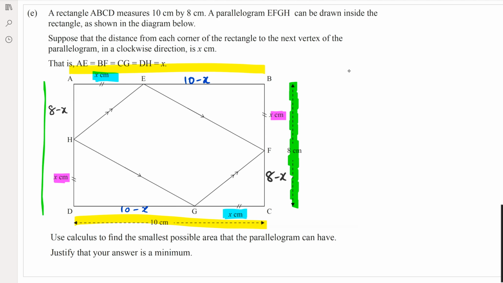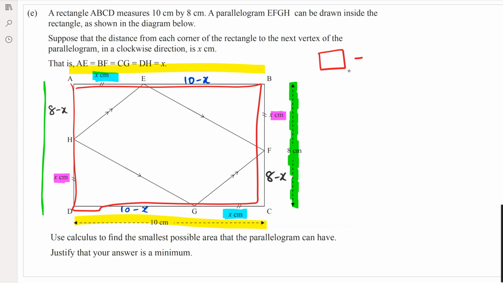So if you think about it like this, what we're going to do is create a big rectangle, which is this one here. That's the big rectangle, and that's easy because 10 times 8, base times height, is 80. So I'm going to take the area of the rectangle and subtract 2 of those yellow triangles.